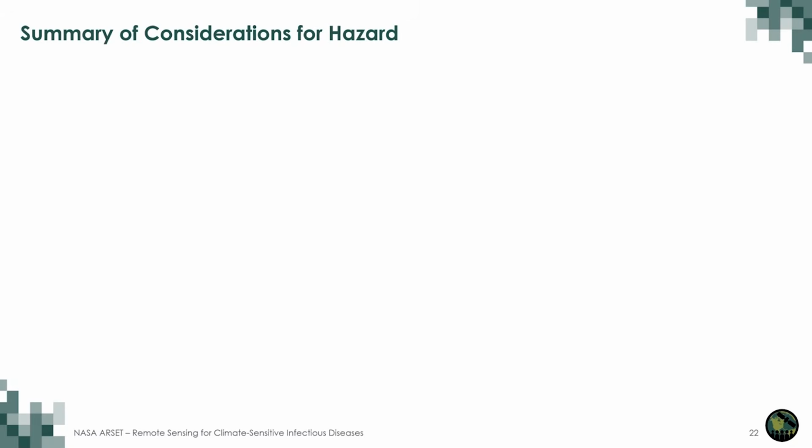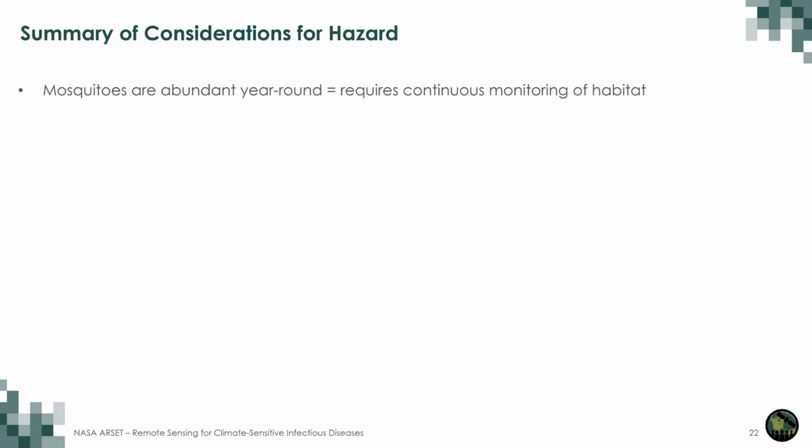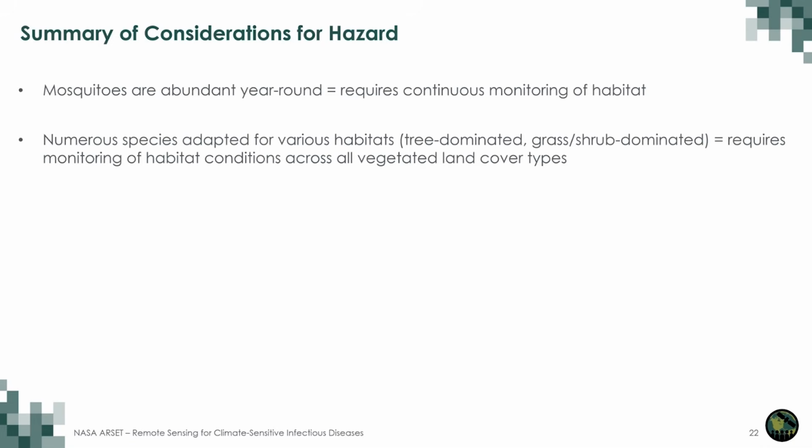So the conclusion we have is that mosquitoes are abundant year-round, which means for our consideration, we need to continuously monitor the habitat, not just during the rainy season, not just immediately after the rainy season. It's got to be done continuously throughout the year.